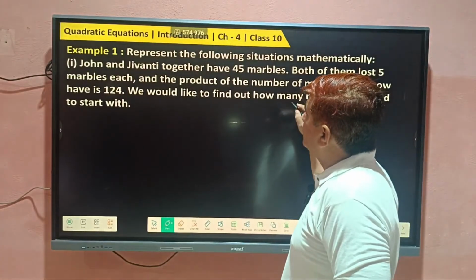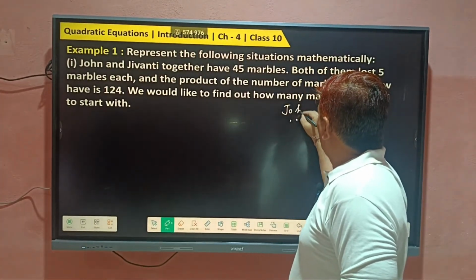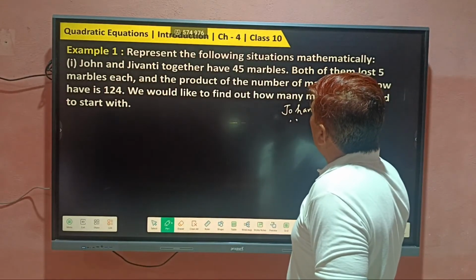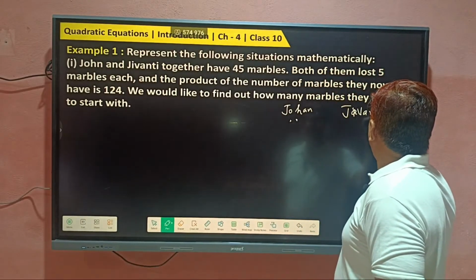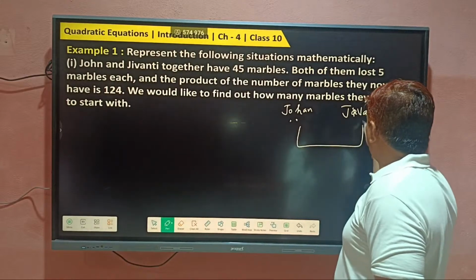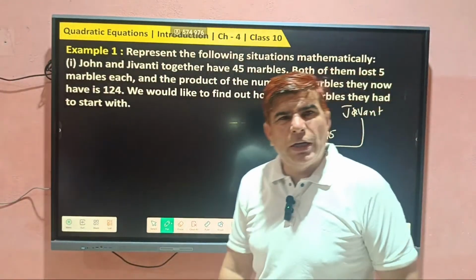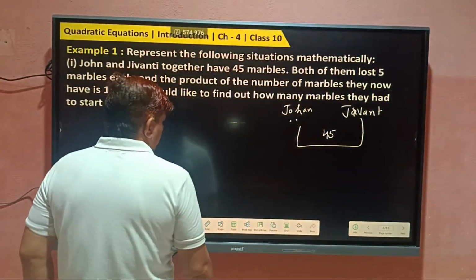So try to understand. Two persons. One is named Johan, and the other is Jivanti. Both are having a total of 45 marbles. So here, given all things, first you have, so what you can say?